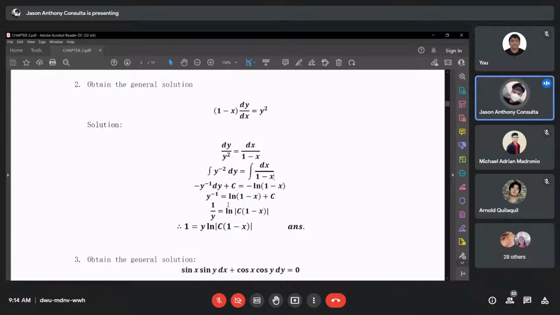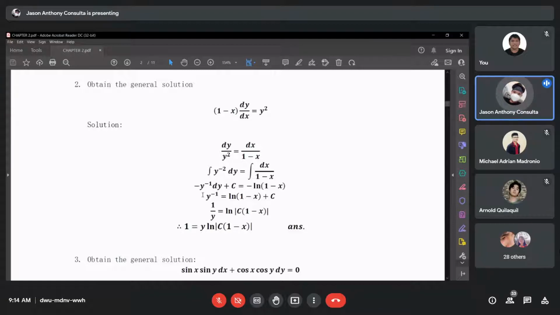just here, y raised to negative 1 is equal to ln. Just transpose the c. It's okay for me. Even if you don't simplify further, anyway, it's just basic since it's negative 1, which becomes 1 over y. Then ln c times, here are the laws of natural logarithm that are used in simplifying.